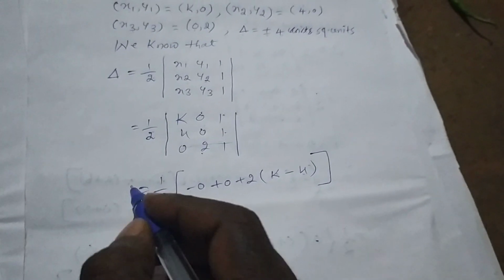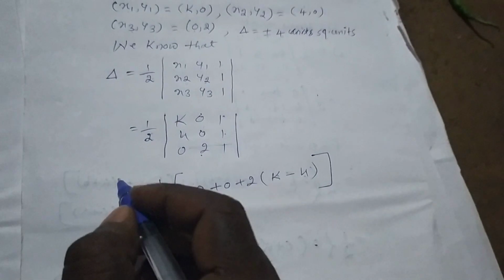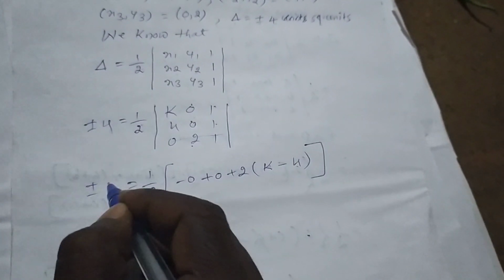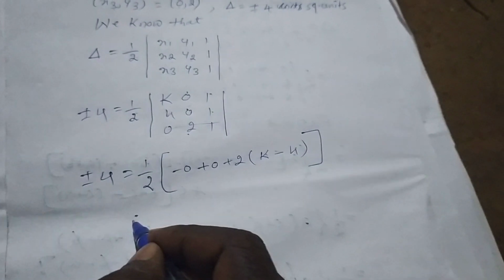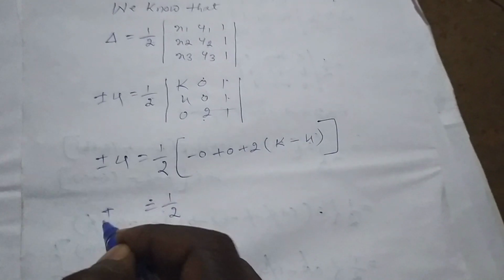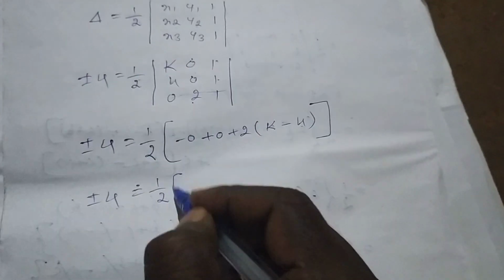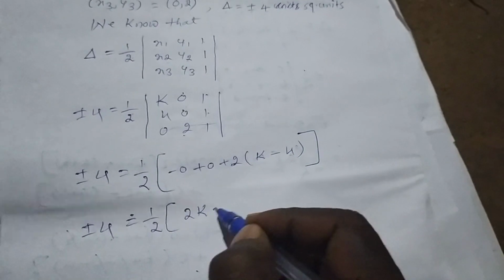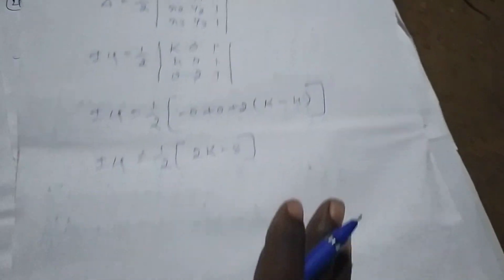So this is equal to, here delta is given, plus or minus 4, equal to 1 by 2 into 2K minus 8.